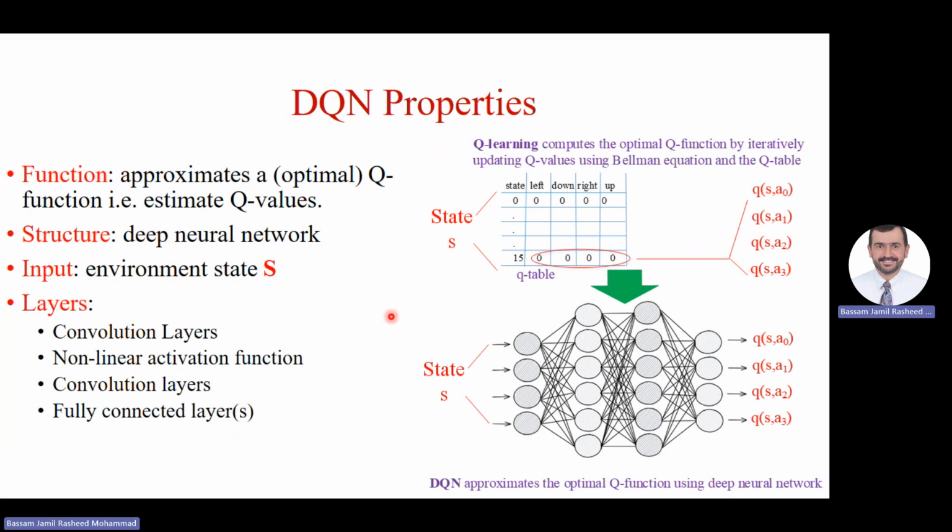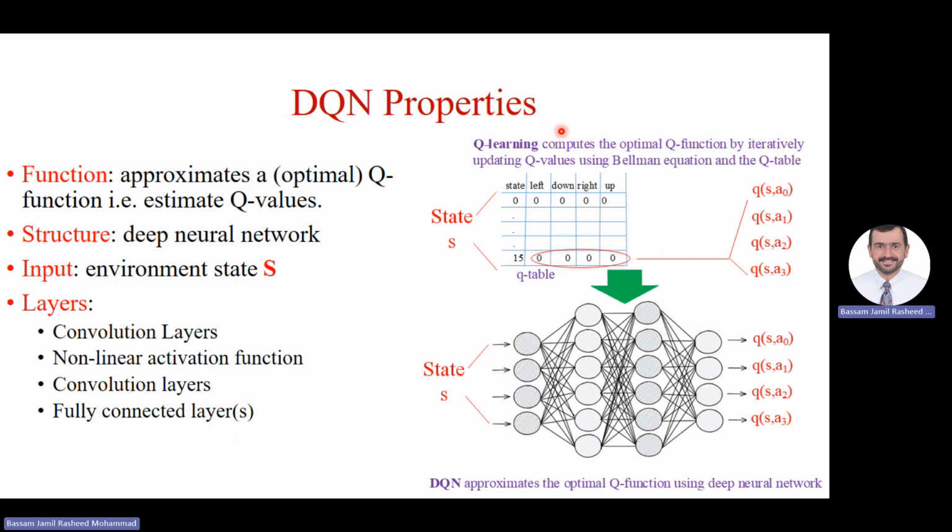Okay, so we can see how this Q table will now be approximated with this neural network. The states become the input layer. The actions become the outputs of this neural network, and we have to train this neural network so that it produces these action values.